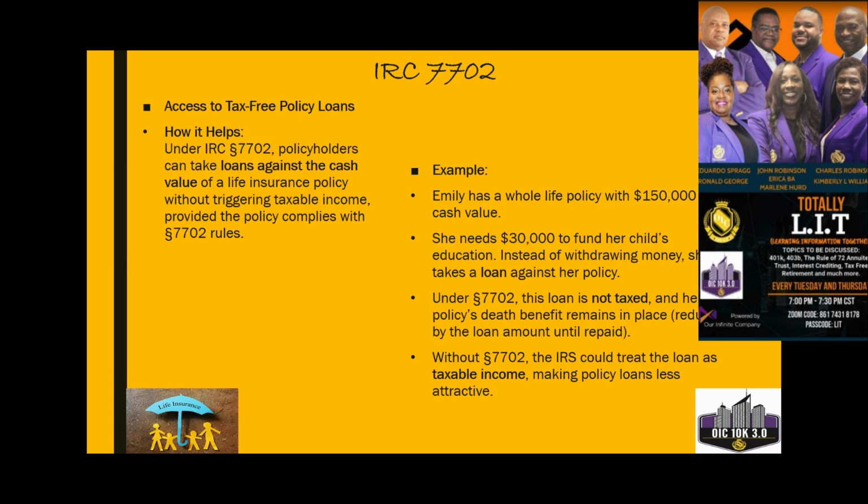So instead of withdrawing the money and touching the principal, she takes a loan against her policy. And under IRC 7702, this loan is not taxed. So she has what she needs, and she has the full amount that she does not have to pay taxes on. And her policy death benefit remains in place to protect those risks.